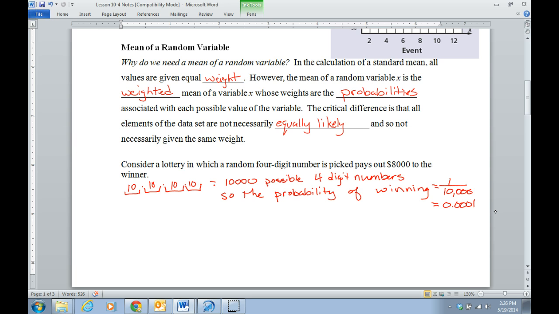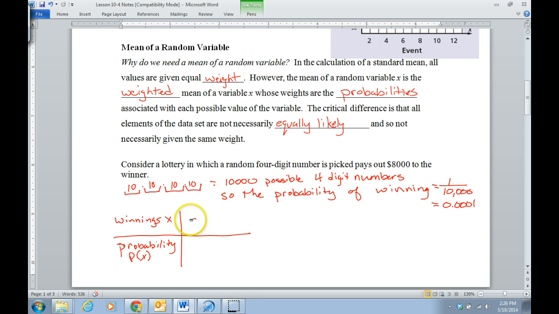Okay, so I'm going to make a little table here. We have winnings, and that's what I'm going to call X. And I'm going to call this probability, which you can think of as P of X, right?